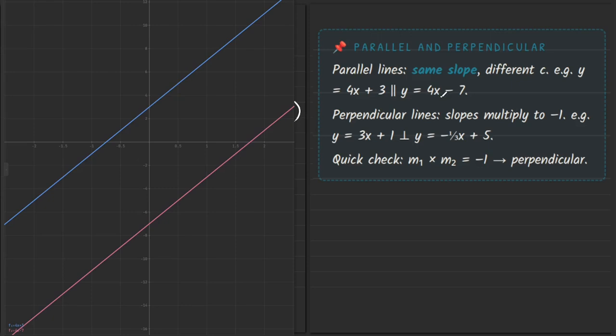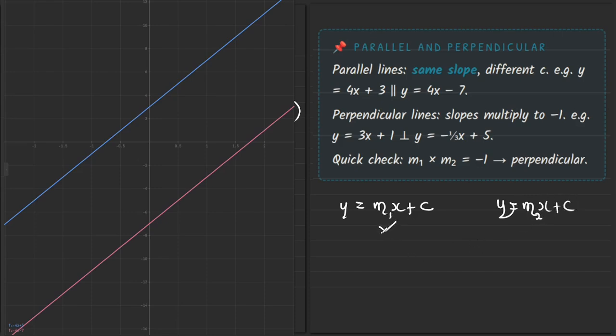On the other hand, when we talk of perpendicular lines, we simply mean if you have an equation, let's call this equation y equals mx plus c. So this is our first one, and then y equals mx plus c. This should be our second one.